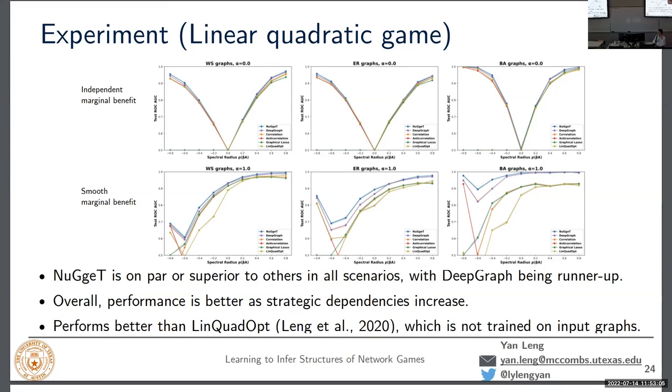The reason is there's a slightly cheating part here for these deep learning based methods, because for the optimization based methods, we don't observe any of the network. So it's purely unsupervised. Whereas our new method and deep graph need to take in, in our setting, about 850 networks as training. That helps to better learn the utility function.